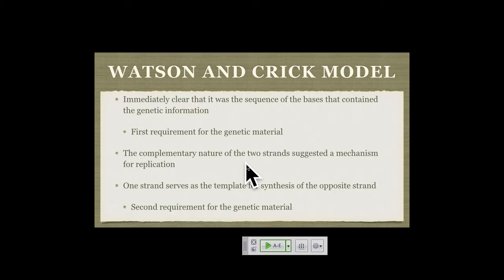And that's what they suggested. Now, what they didn't know at the time was exactly how that molecule worked. And that'll come up a little bit later in another one of these landmark experiments. But you can now replicate the molecule, so that fulfilled the second requirement.